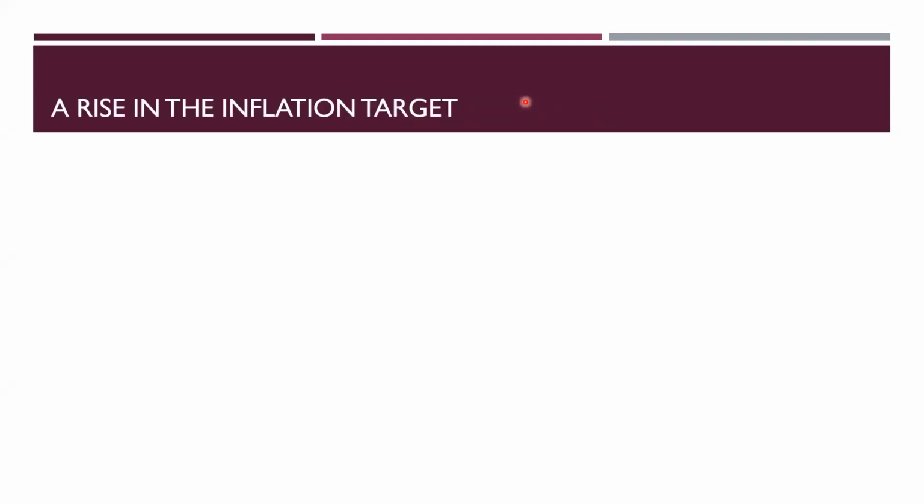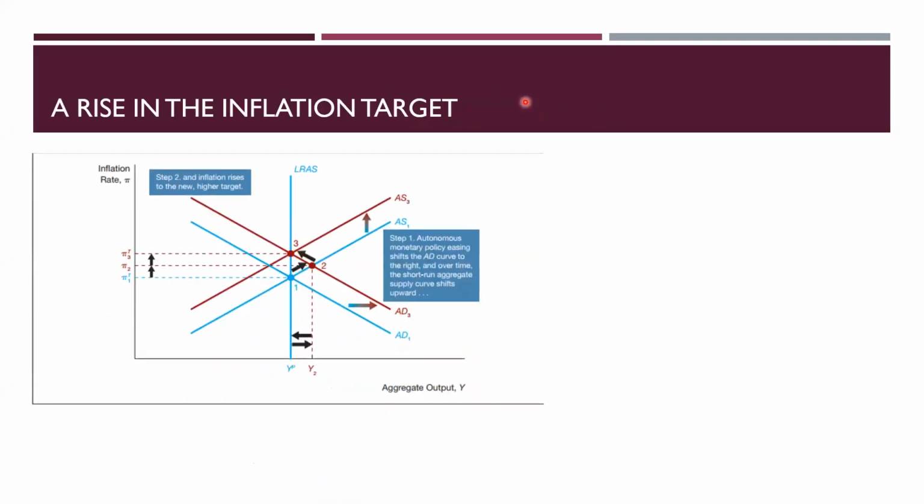Number one, there could be a rise in the inflation target. If the government decides to increase the inflation target from a lower rate, then it implies that that can be an inflationary monetary policy. Let's see what would happen to the economy.